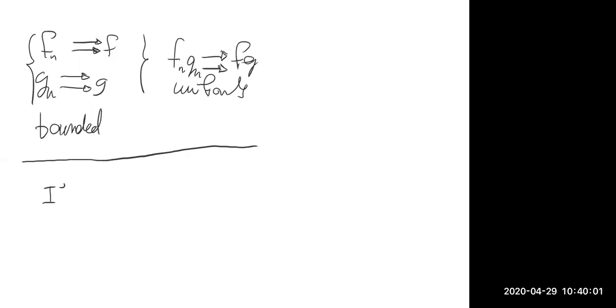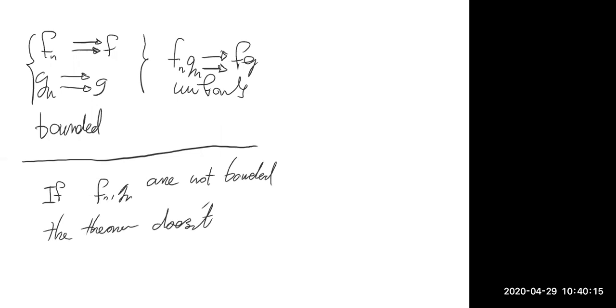If Fn and Gn are not bounded, the theorem doesn't hold. It's not correct anymore. A simple example to see this is the following. Suppose Fn of x is equal to x plus 1 over n. When n goes to infinity, 1 over n goes to 0.